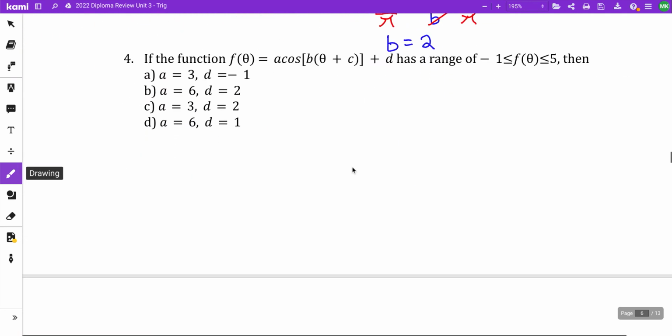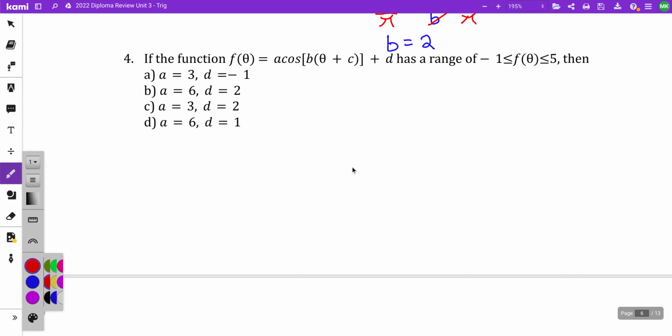Alright, number 4. If the function f of theta equals a cos of b theta plus c, plus d, has a range of -1 to 5, then a and d equal what combination? Range is telling you high and low.